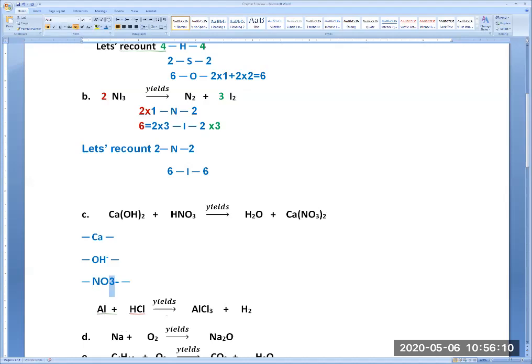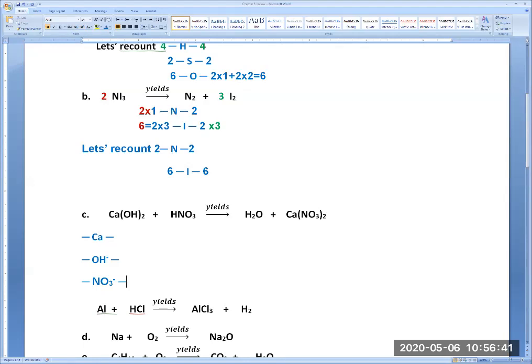The 3 is a subscript, and the minus 1 is a superscript, right? The 3 is a subscript that says you have 3 oxygens per nitrogen, and the negative 1 here is the charge. This one needs to be bold. Okay, so you will count every nitrate. You don't split into oxygens and nitrogens, you count groups of NO3.